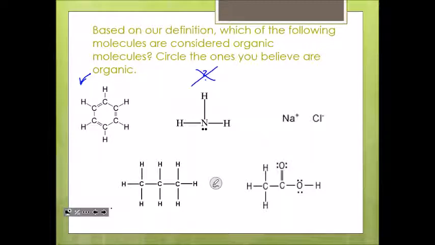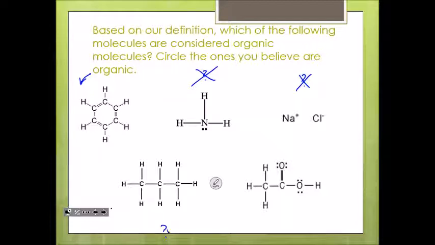So that's a no. How about over here to the right with our sodium positive, our chloride negative? Any ideas on that one? That's a no. This is actually an ionic compound. That is sodium chloride, or salt. And now looking down here, this one right here. 3 carbons, lots of hydrogens.